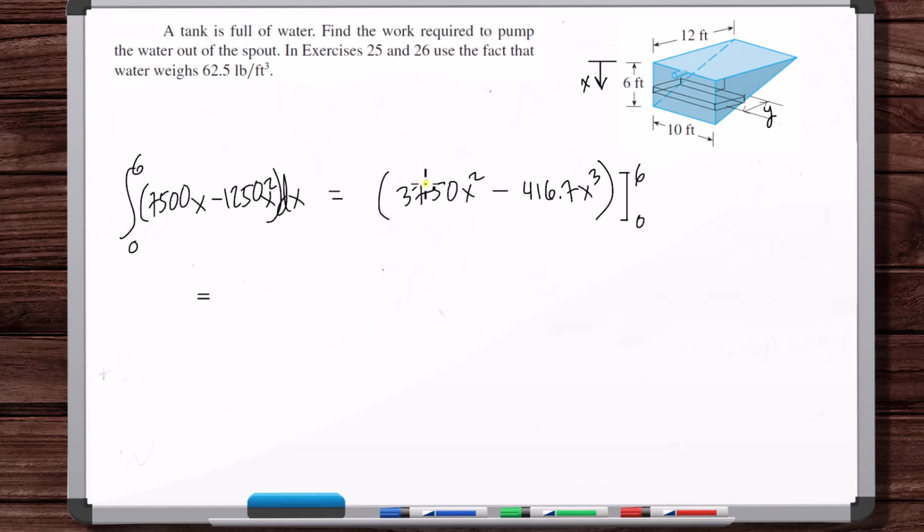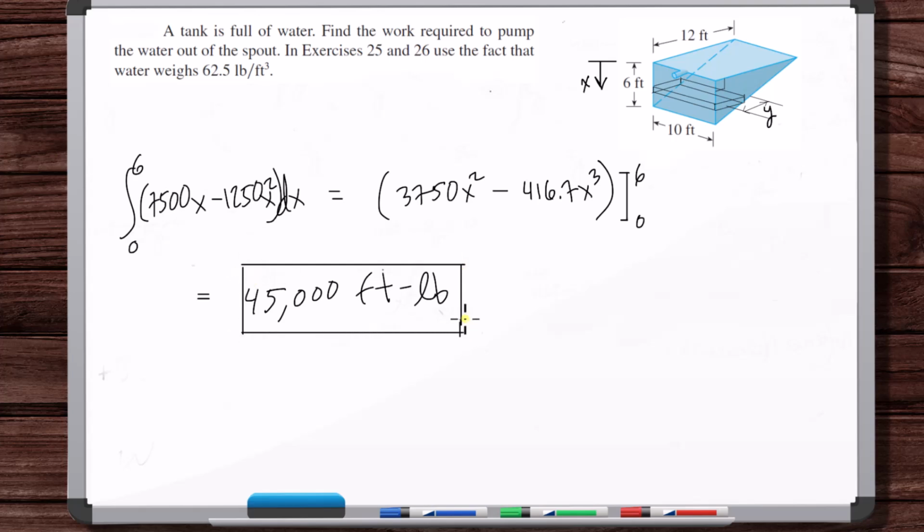That's $45,000, so 45,000 foot-pounds. That's the work required to pump all this water out of the tank.